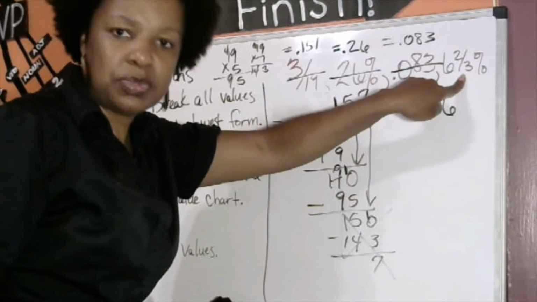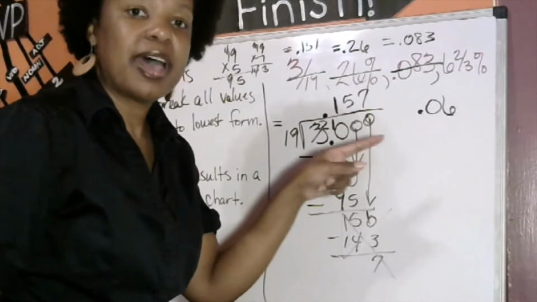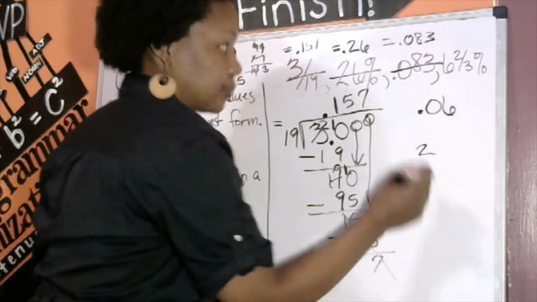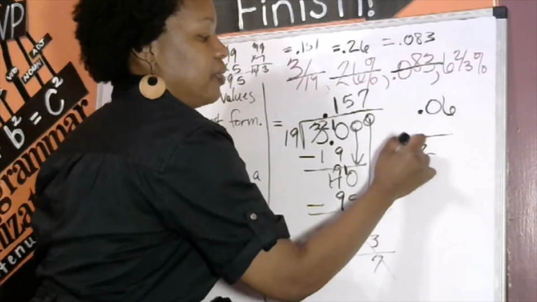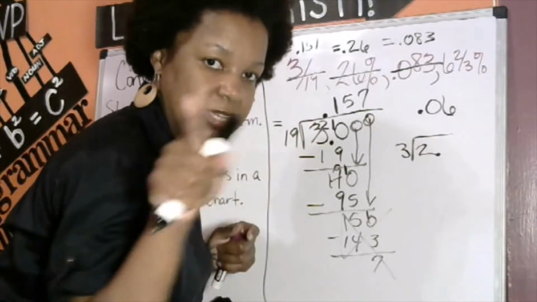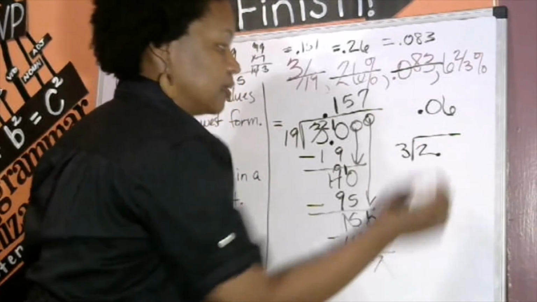But then I have this 2/3 over here. What am I going to do with that? Now you can divide 2 divided by 3, and you're going to end up getting 0.6 in perpetuity. So let me save you the suspense, okay?